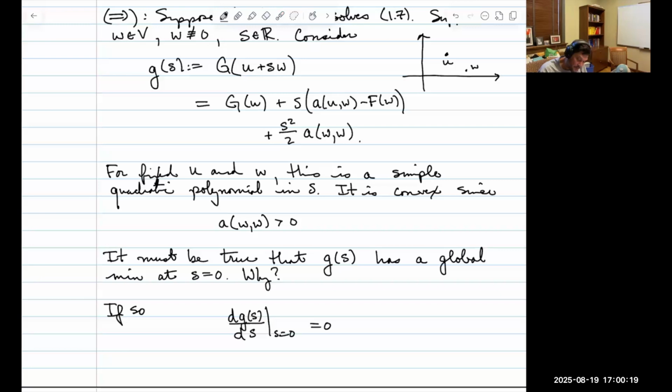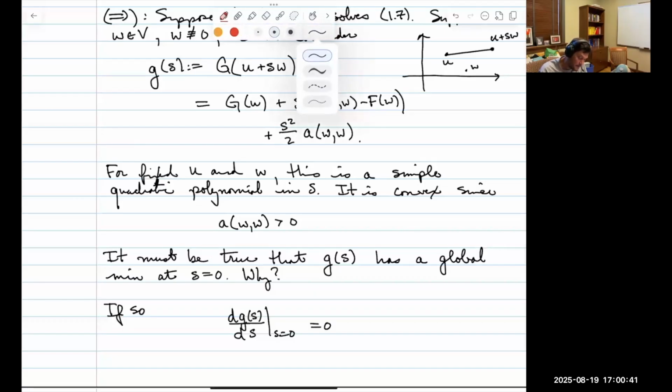And so U plus SW might be out there for some given S, for some positive S. All right, so, but otherwise, let's see if I can make a dashed line here. Can I?